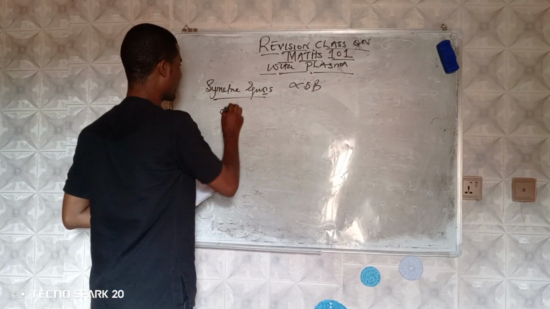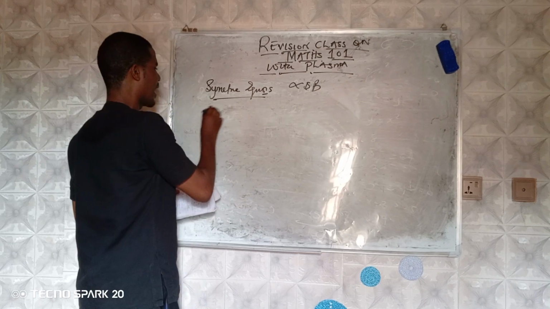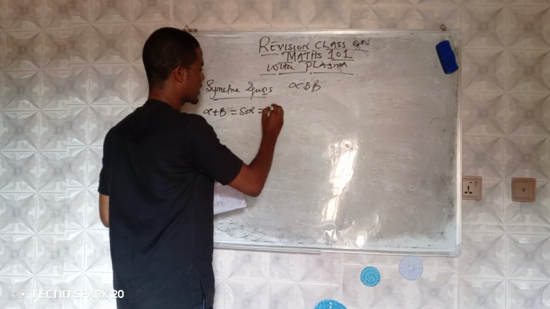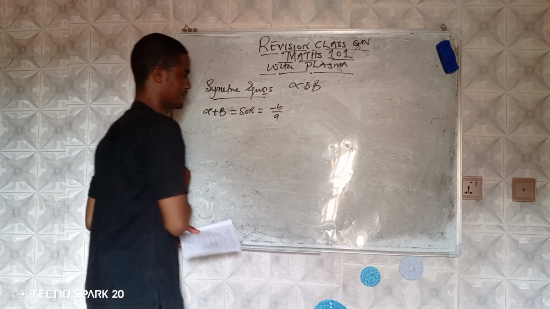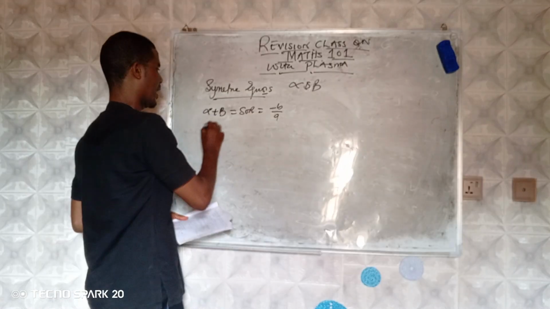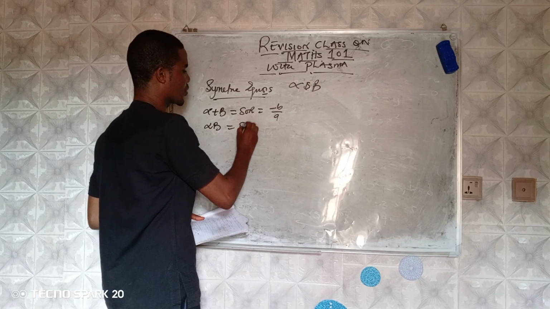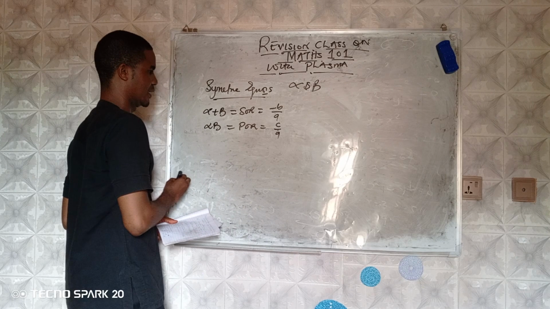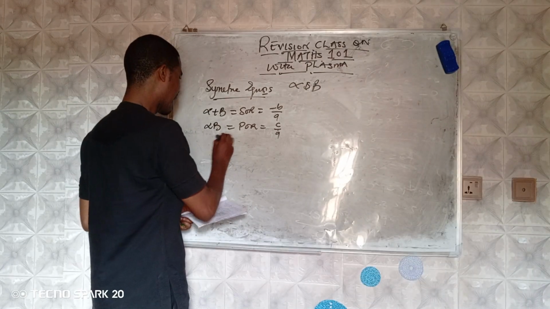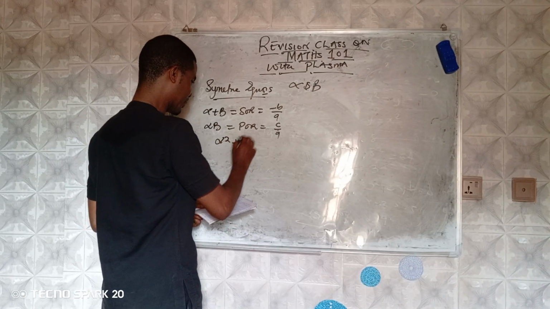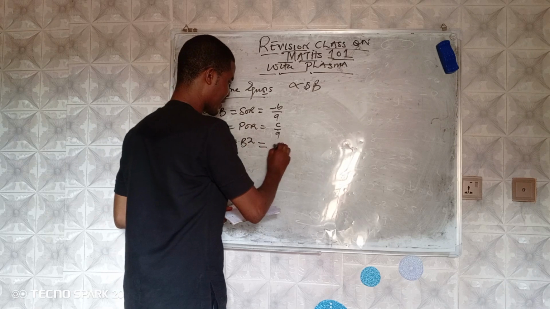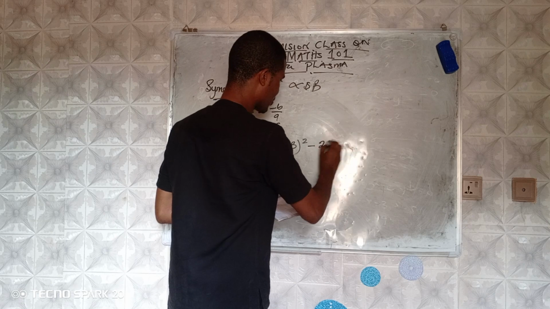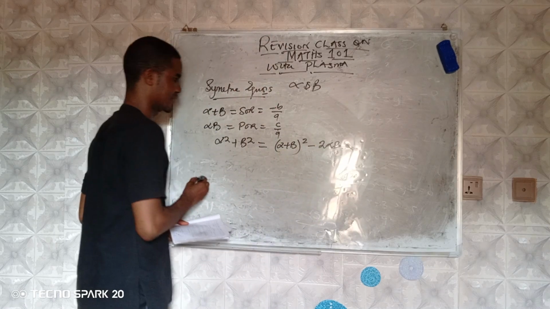First of all, alpha plus beta is equal to SOR, which is equal to minus b over a. Alpha beta is equal to POR, which is equal to c over a. Having known this, alpha squared plus beta squared is alpha plus beta all squared minus 2 alpha beta.